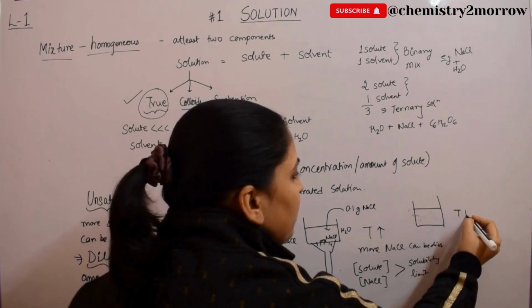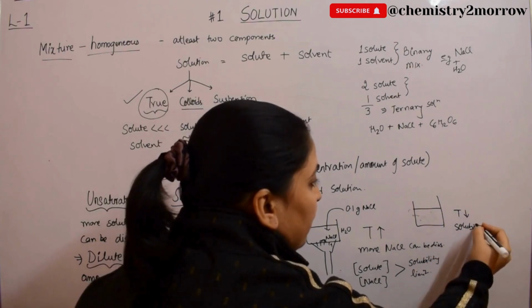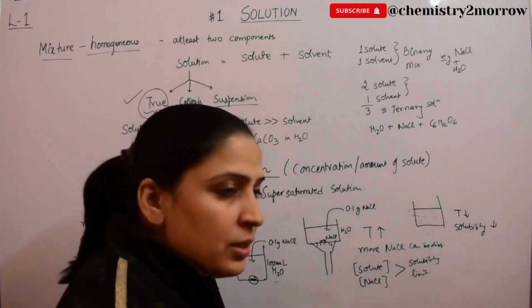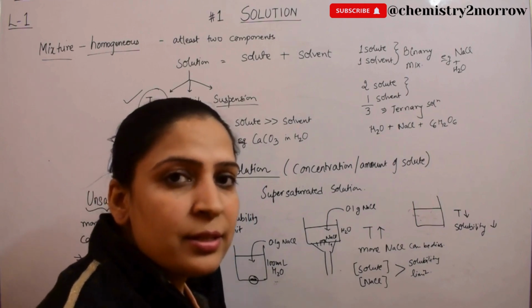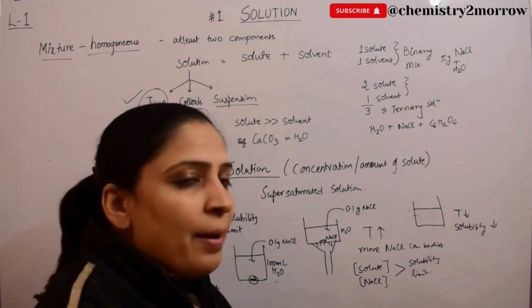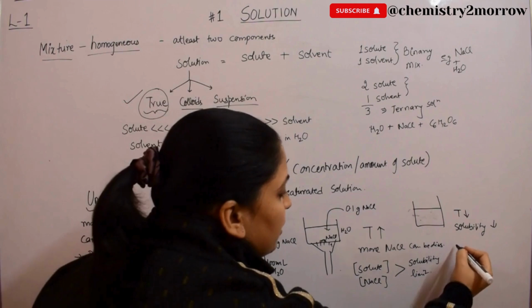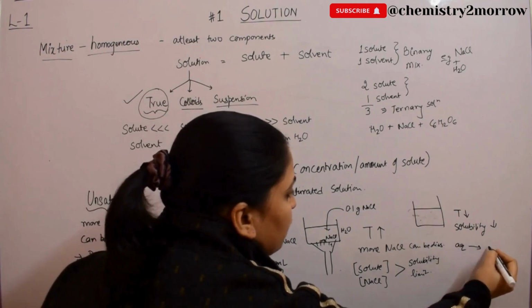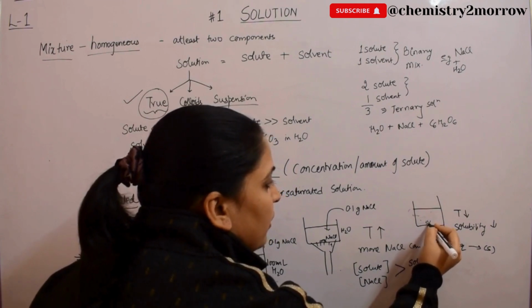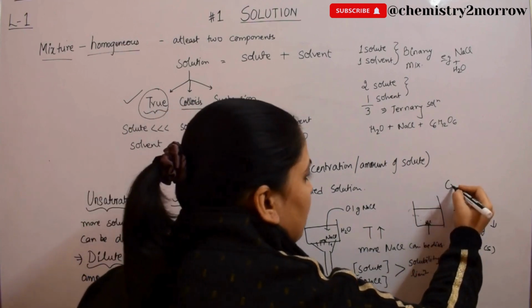As the temperature decreases, its solubility decreases, and the extra that was dissolved, the amount in excess of the solubility limit, will tend to come back from the solution phase to the solid phase. There is a reversal from aqueous phase to solid phase. There you will see solids, and this process is called crystallization.